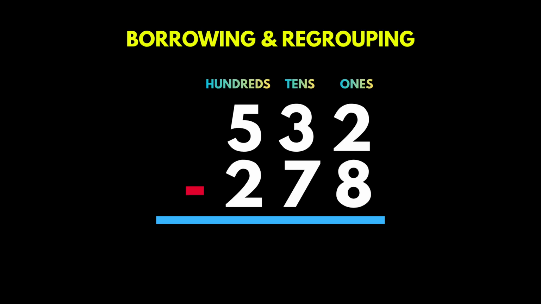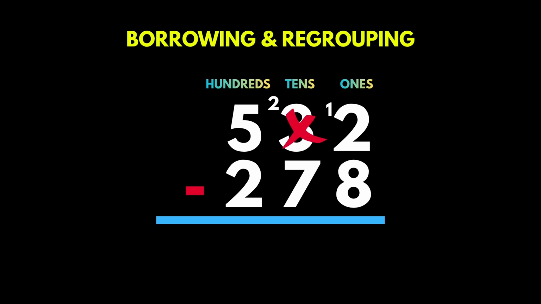Let's subtract 278 from 532. We'll start with the ones column. 2 minus 8, we have a problem. 2 is smaller than 8. We can't subtract 8 from 2 and get a positive answer. So what do we do? We borrow.